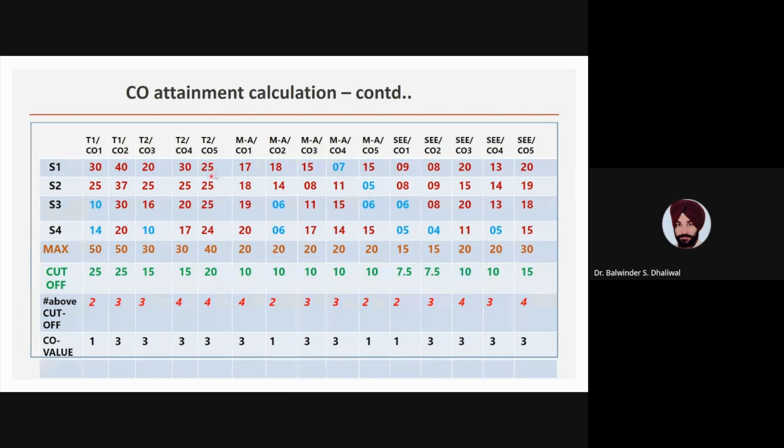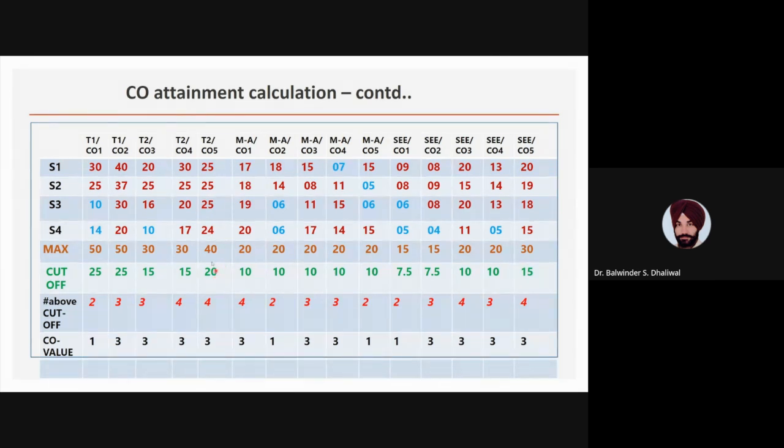Like this 25 is the marks of student 1 in test 2 for CO5. For CO5, there are maximum 40 marks which can be obtained by the students. Out of 40, the student has obtained 25. Similarly, these are the scores of the students.